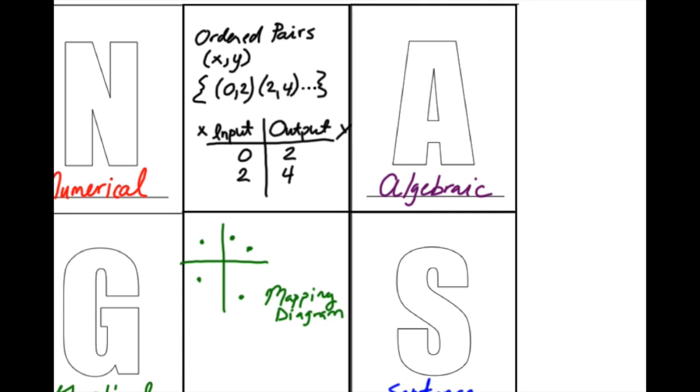In a mapping diagram, you may have, for example, two coordinate points that lie on the same x value. So if you can see, I just plotted these two points along this line of x, which means when I graphed them, they would have the same x value. Let's say that x value is 2.